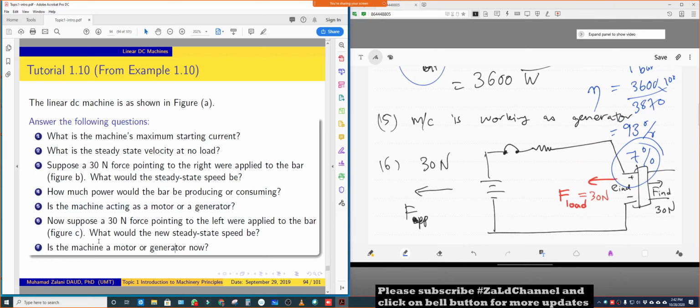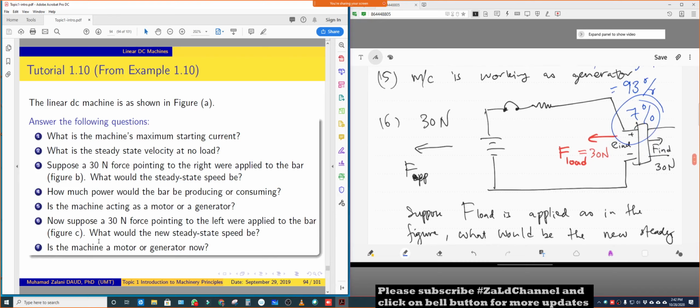Now, there is another condition where suppose that a 30 Newton force pointing to the left were applied to the bar. We are trying to oppose the bar. For example, when we start a hand drill, it starts and rotates at a steady state speed, which is the no load speed.